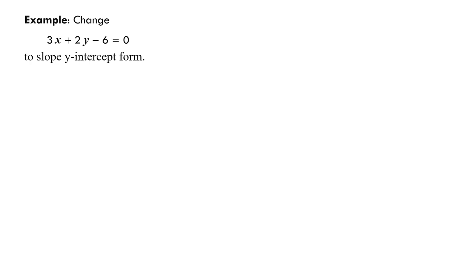In this example, we have the standard equation 3x plus 2y minus 6 equals 0. Keeping the y on the left-hand side, we get 2y equals negative 3x plus 6. To isolate y, we divide the left-hand side by 2, and then we have to do the same to the right-hand side.